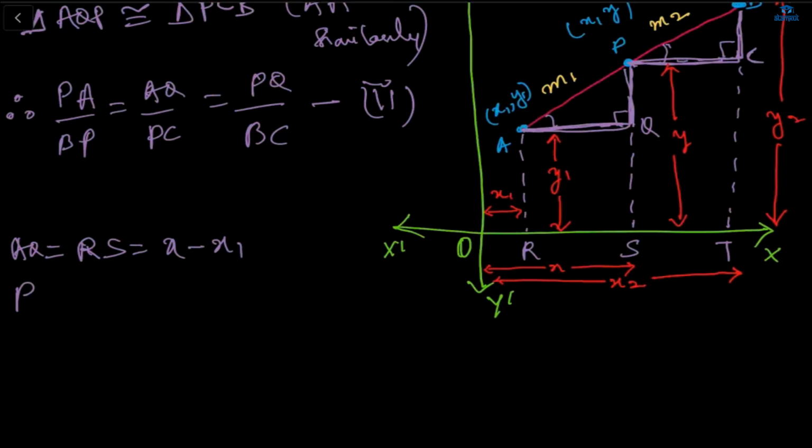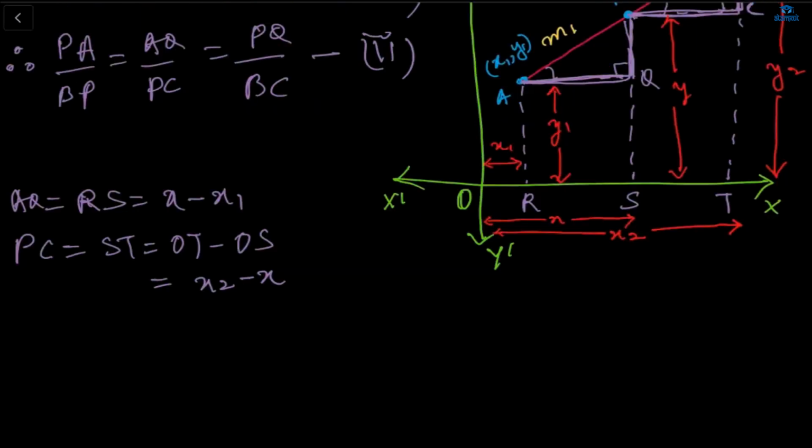Now PC, the value of PC can be written as ST, and ST can be written as OT minus OS. Now this can be written as X2 minus X. Understood? X2 minus X.